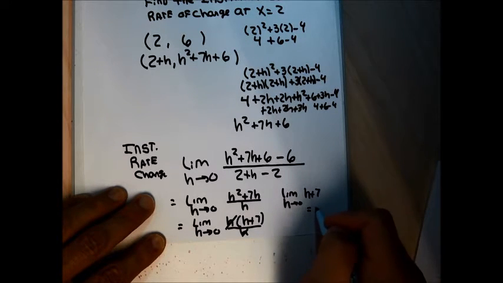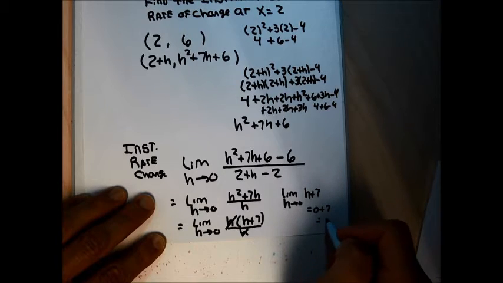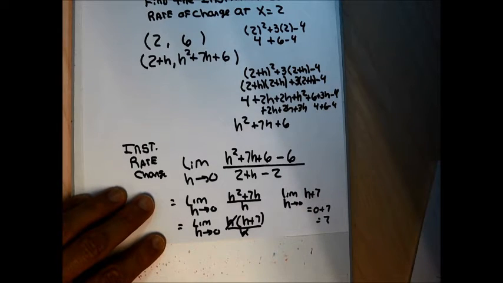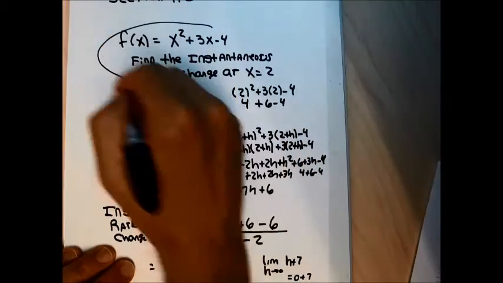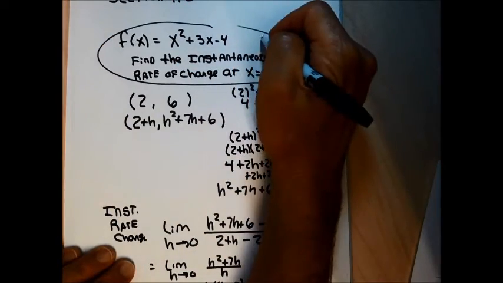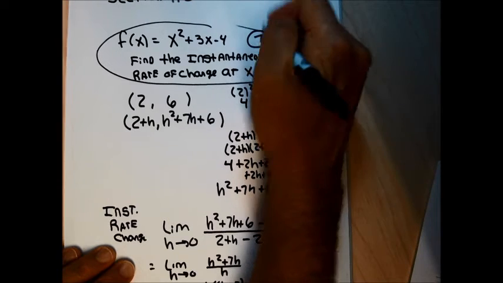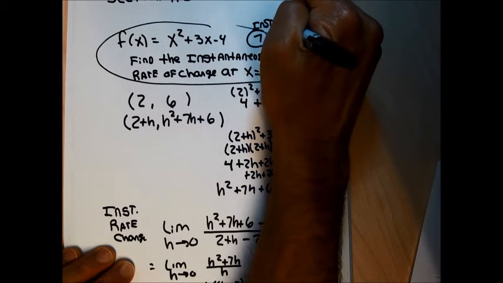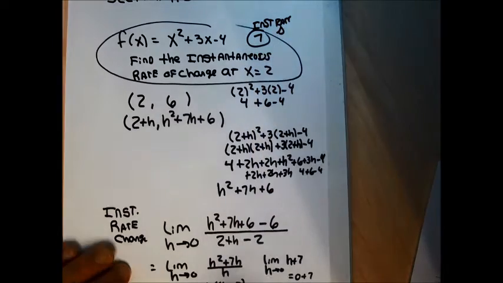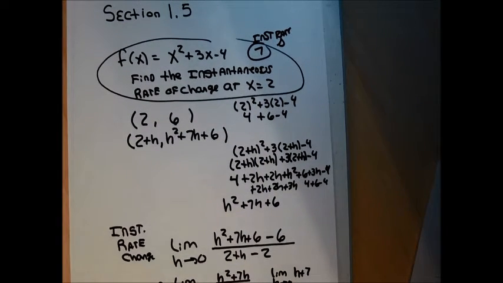That's just going to be 0 plus 7, which is 7. So the answer to the instantaneous rate of change at x equal to 2 is 7. And of course, I could have got that number on my calculator.